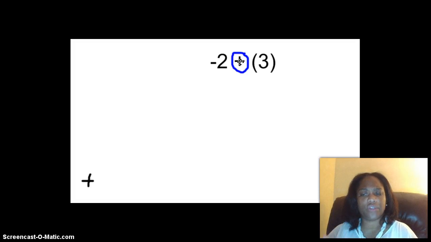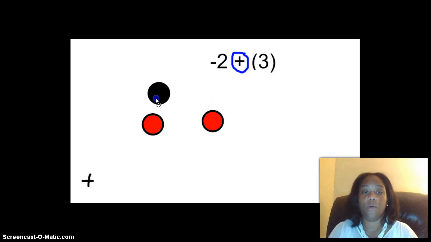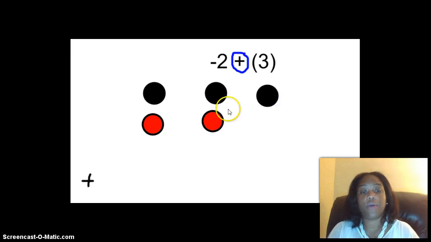But right now we're just going to go with addition, but I like it when we circle it. So we want 2, what color? Red. So 1, 2. And how many positive? 3. 1, 2, 3 chips.